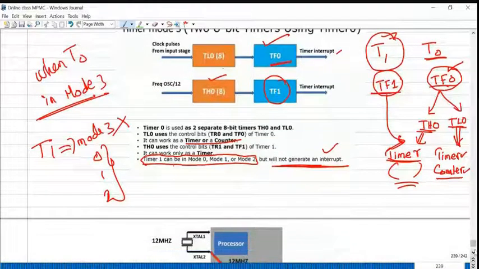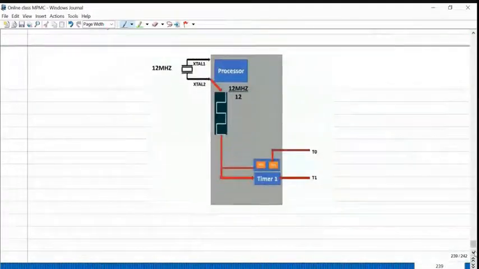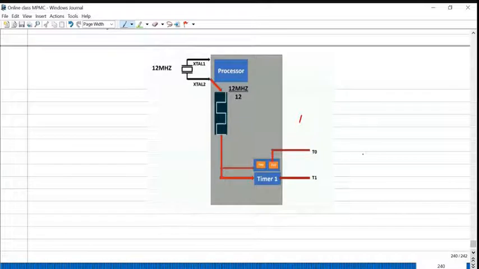Now the pictorial representation of this mode 3. See, TL0 works as both timer as well as counter. When it acts as a timer, it receives the clock pulse internally. If it acts as a counter, it receives the clock pulse externally through the T0 pin. TH0 is only in timer mode, so it receives the clock pulse from the internal oscillator.